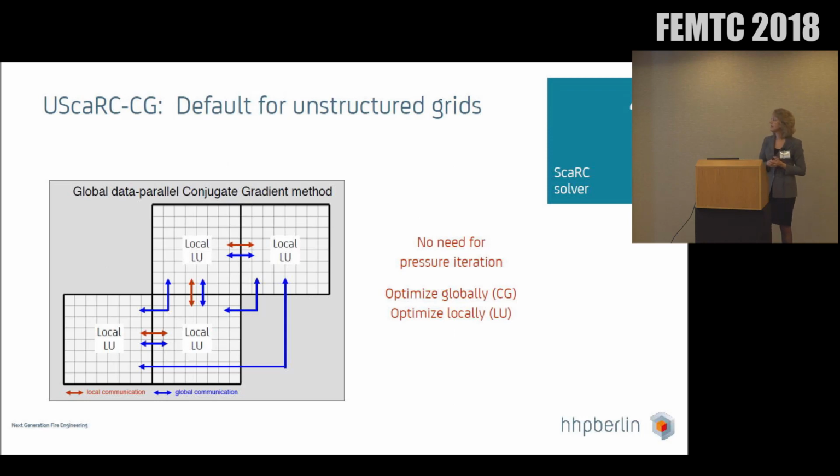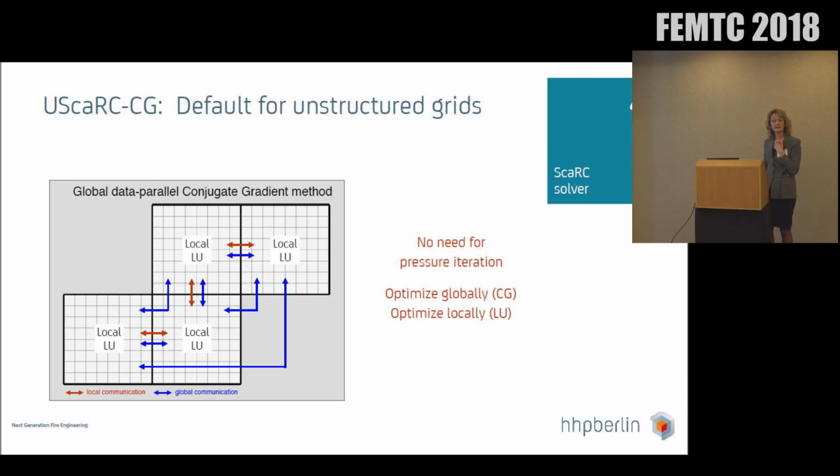And finally, I have a basic default unstructured version, which is called SCARC. It also relies on the global conjugate gradient method. But as we have an unstructured discretization now, we can no longer use the FFT methods for the local preconditioning.